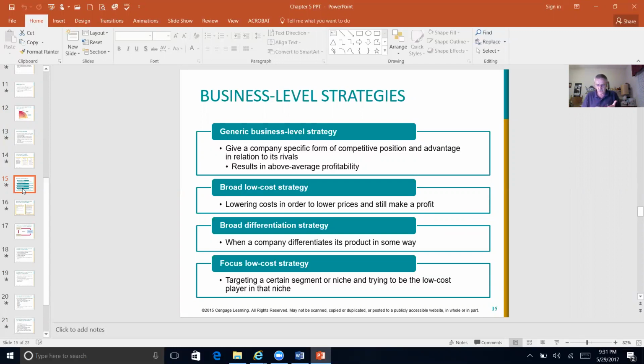There's no one best way of competing in the industry. Some companies will only focus on one strategy. Again, if you think about the niche market, think about Apple, think about Starbucks, think about Whole Foods. If you want that generic business level strategy, think about Walmart and the commodity products that they offer.